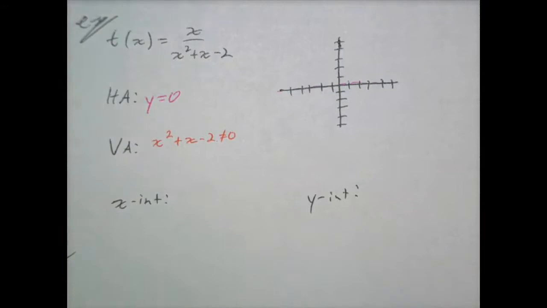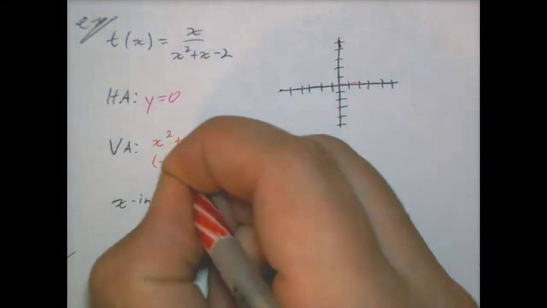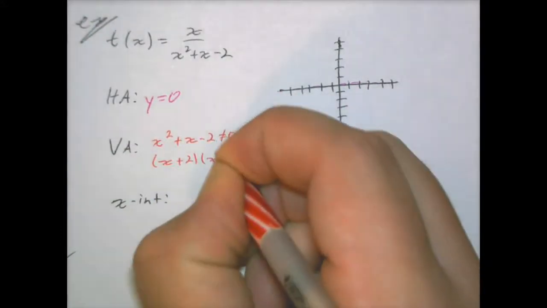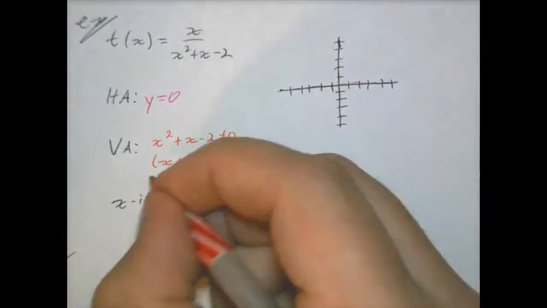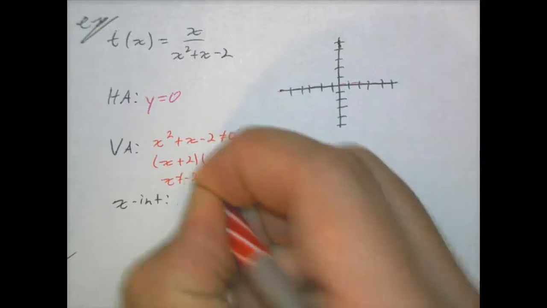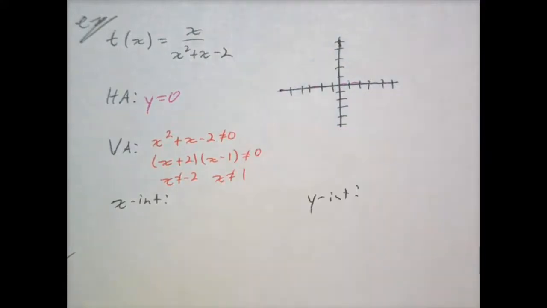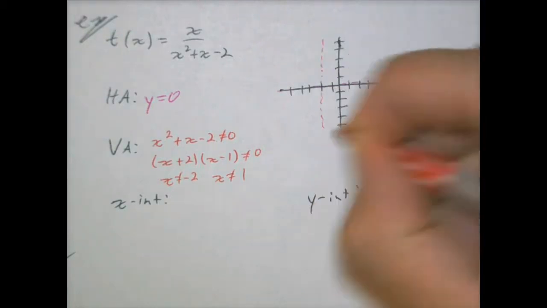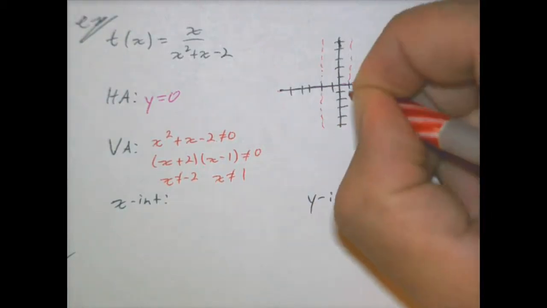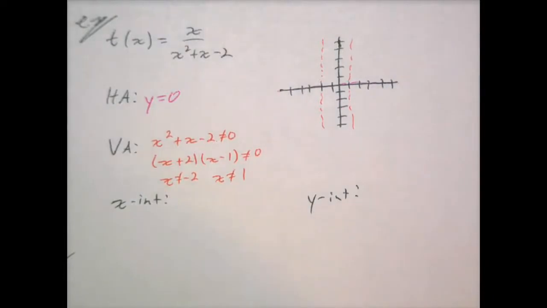Please do not ever divide by 0. x plus 2, x minus 1. Yeah, I can factor. I hope you can too. So I have x cannot equal negative 2, and x cannot equal 1. So negative 2, 1. I'm going to have some funky graph. I like funky graphs.